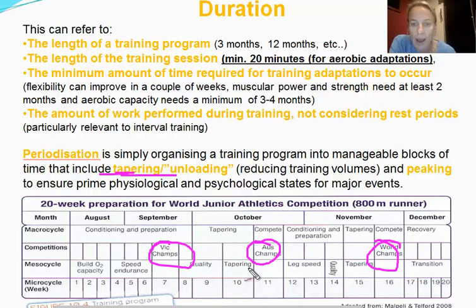So just prior, in the week or the 2 weeks prior to the Oz Champs, there's a specific duration of time dedicated to tapering, which is where you reduce the volume of training. So you'll either reduce the distance or the amount of time that you spend training, to allow your body to adapt, to get strong, recover, and be in peak form to compete in the competition.